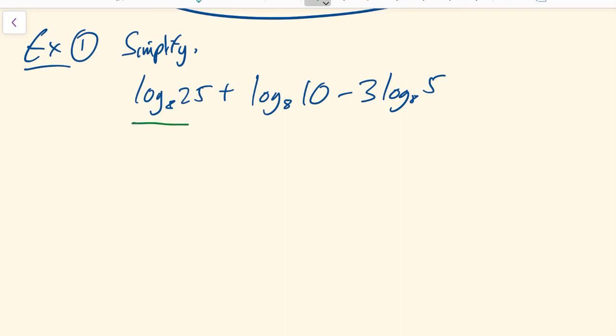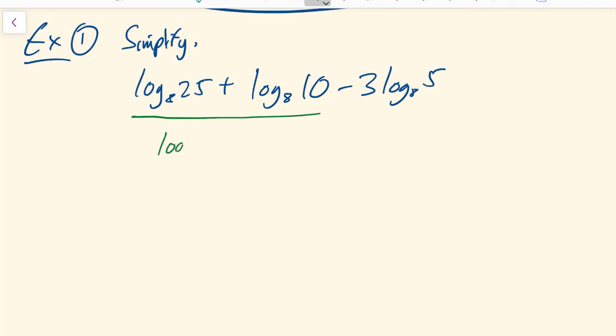Well, here we've got addition, and using that first rule above, we can say that this is log to the base 8 of 25 times 10, which is 250. And the other part here remains the same.